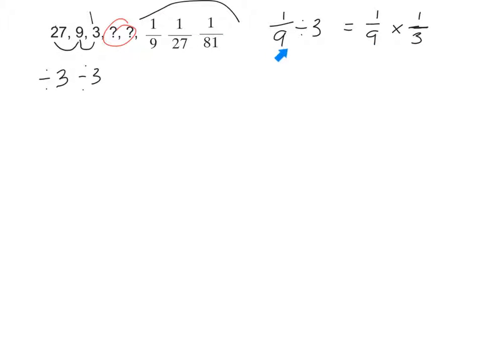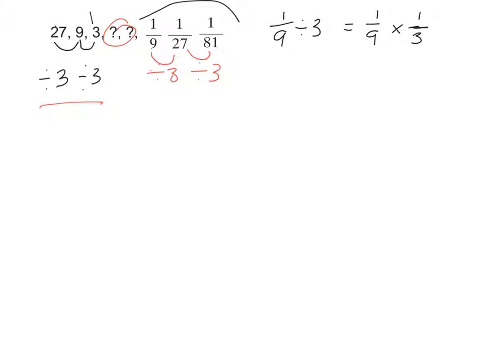So 1/9 divided by 3 is the same as 1/9 multiplied by 1/3. If I think of it that way, I can clearly see that each of these bridges also divide by 3, which means my initial pattern checks out.